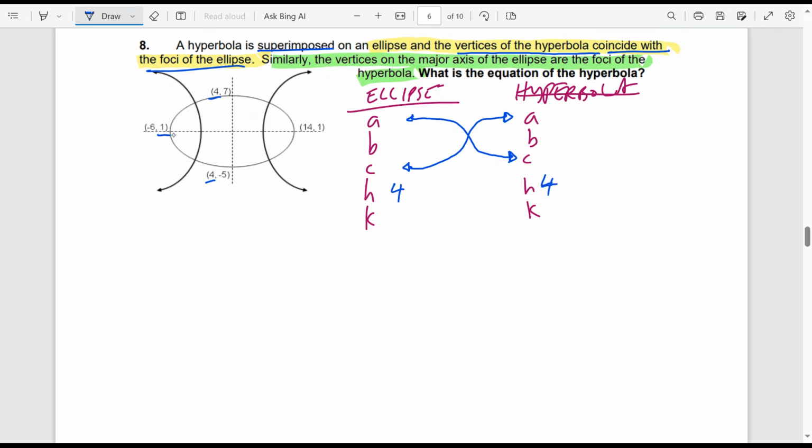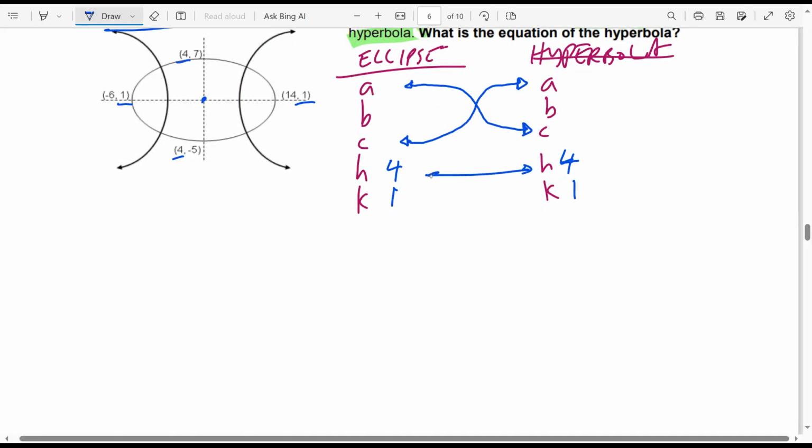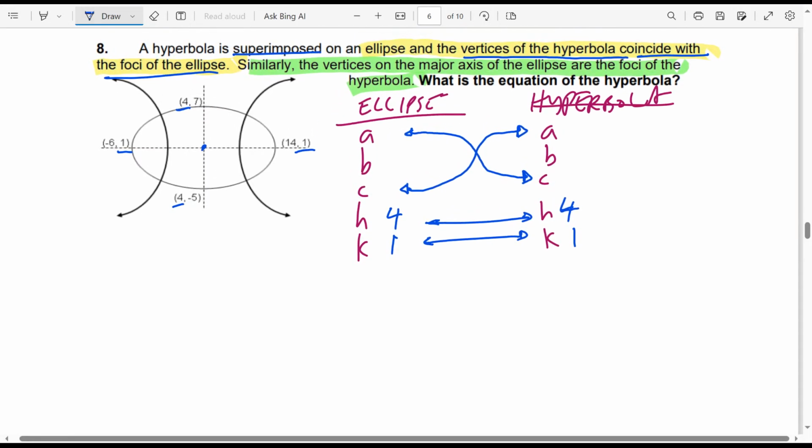When I similarly look at the vertices of the ellipse, I can identify that where that's running through, I would have a K value of 1. Okay, so this center right here is going to be (4, 1). So that doesn't change between both of them. These two were shared. You don't have to draw the arrows, they just make sense for my brain.